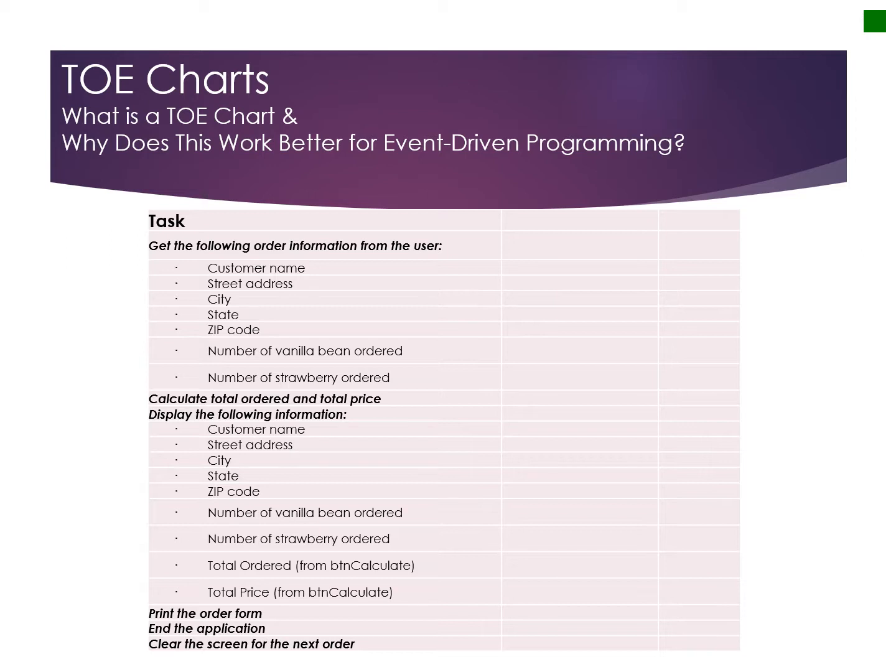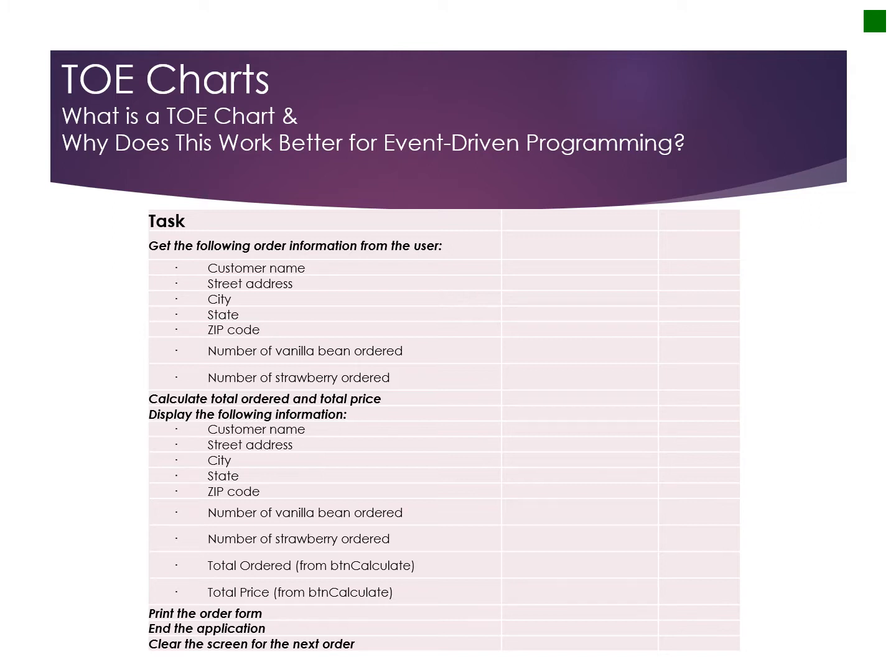You'll notice this is very similar in many ways to the IPO model in that we determine the inputs that the user will provide: customer name, street address, city, state, zip, number of vanilla bean ordered, and number of strawberry ordered. We then do our processing or calculations, and then we display the outputs: the customer name, street address, city, state, zip code, number of vanilla bean pies ordered, number of strawberry pies ordered, and the total ordered, and the total price.